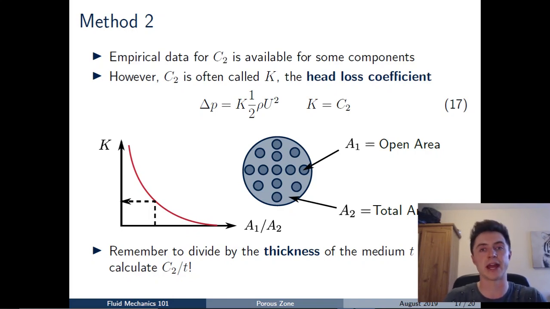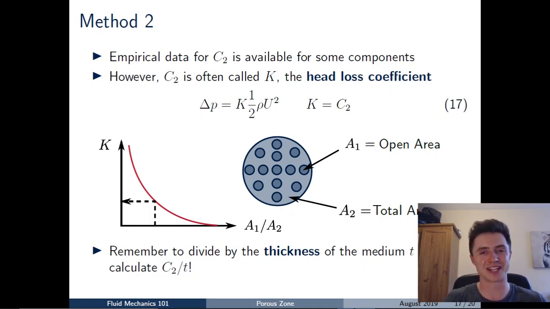Now, if we compare equation 17 with our pressure drop equation that we saw earlier, we can see that K is actually equivalent to C2. Now, this is why you may see the two different notations used. K will be the head loss coefficient, and C2 will be the empirical parameter that we use for fitting.